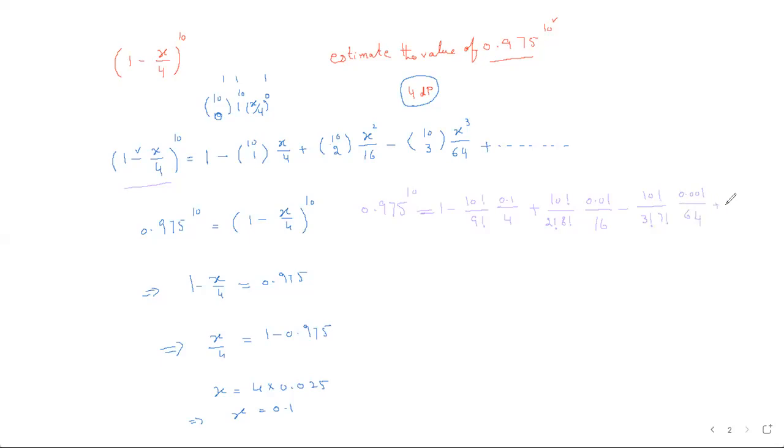Okay, and the next terms we will ignore. Why? Because those will be even smaller terms. They will not change our answer much up to 4 decimal points.